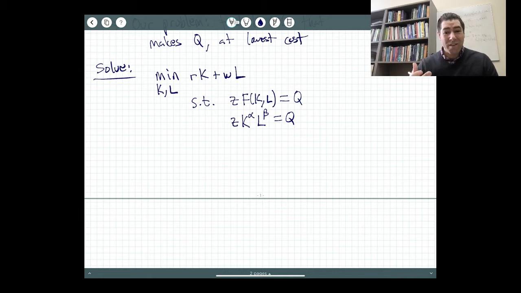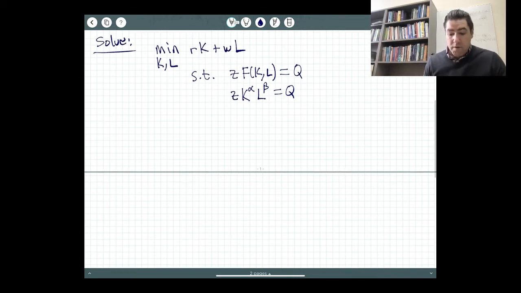One of the things I wanted to point out is that the Lagrangian technique works exactly the same, whether we're solving a minimization problem or a maximization problem. So what do I do to solve this?